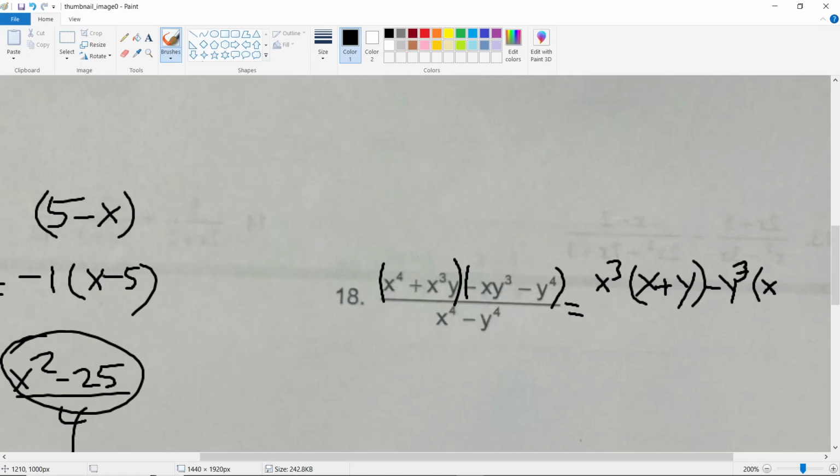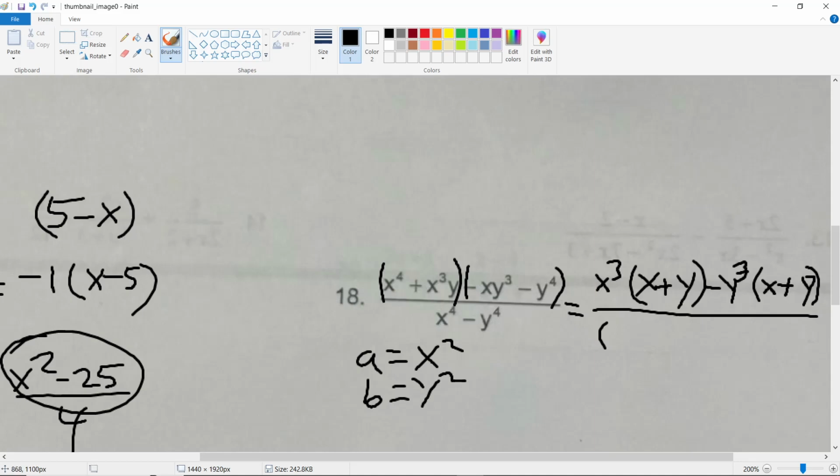Now, negative y fourth divided by negative y cubed is positive y, so it's x plus y. Okay, I think I've handled that minus sign correctly. Now, this is difference of two squares. a equals x squared, b equals y squared, and this is a squared minus b squared. x squared squared is x to the fourth. y squared squared is y to the fourth.